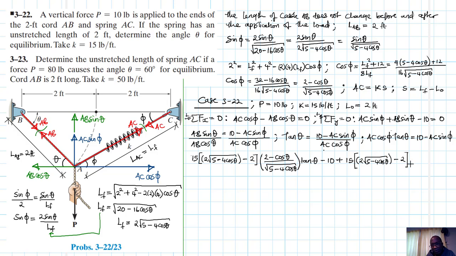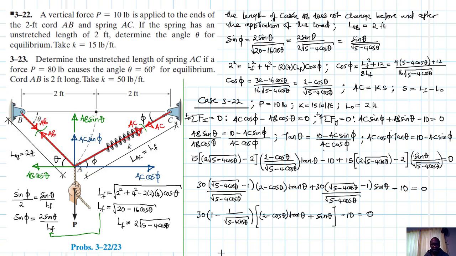Then we close this. Then sine phi, which is just equal to sine theta divided by root of 5 minus 4 cos theta, equal to 0.